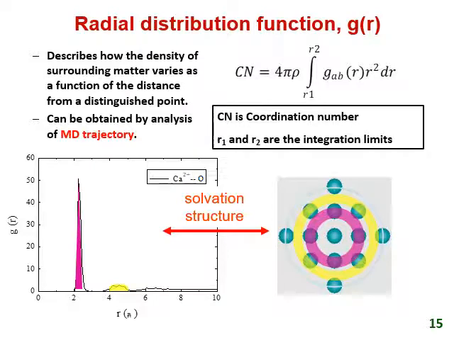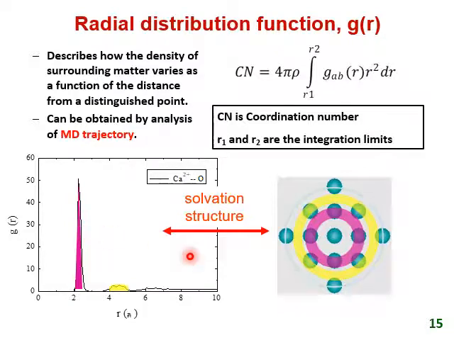In this work, we focus on the solution structure. We can derive this property directly from MD simulation by analyzing the radial distribution function, RDF or g(r). The idea of the RDF is to count the number density of the surrounding atoms as a function of distance from the reference element. We can observe peaks at the distances where we can find most of the atoms.